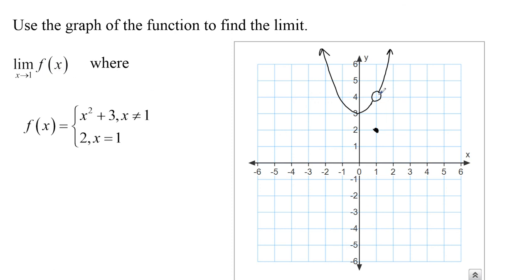As we're getting closer from the left-hand side and closer from the right-hand side, the function tends to point to 4, even though the value of the function is 2 at x equals 1. So even though the value of the function is 2, the limit as x goes to 1 of f of x is going to be 4.